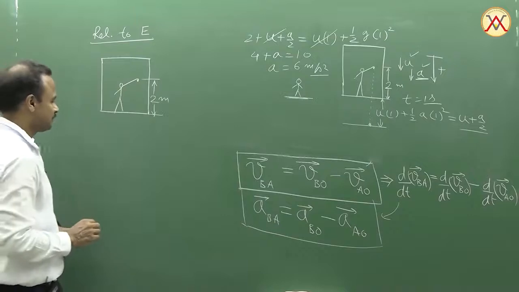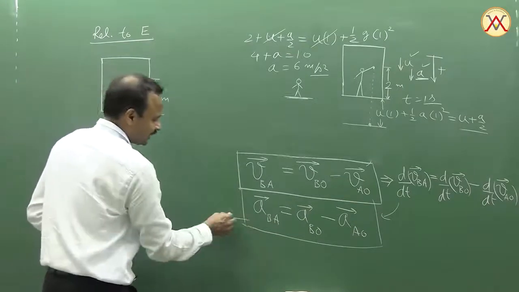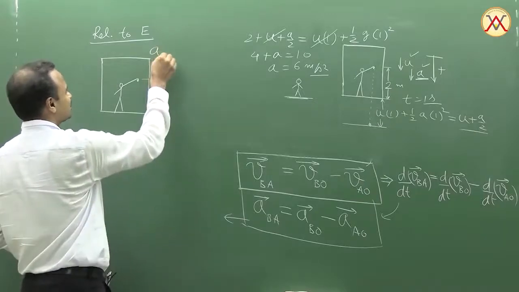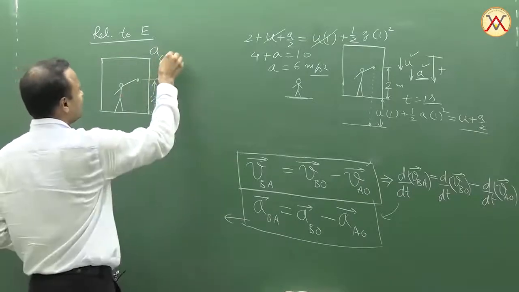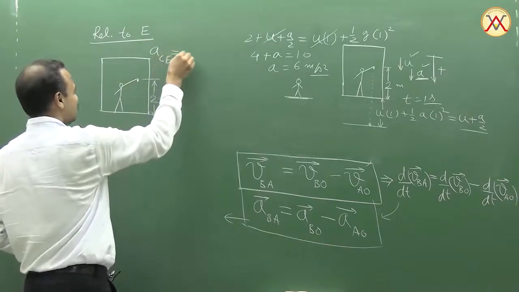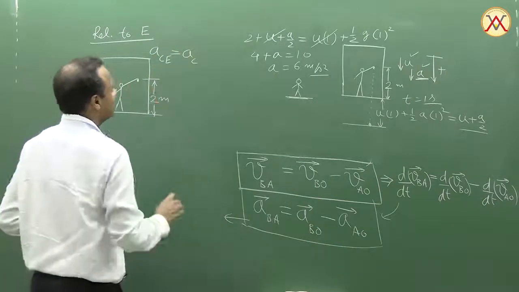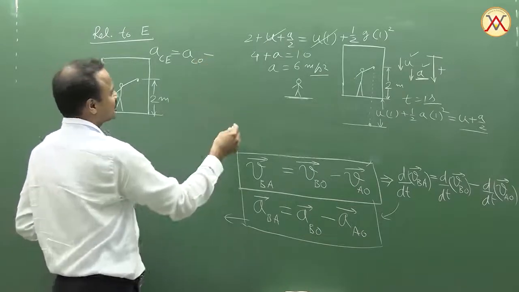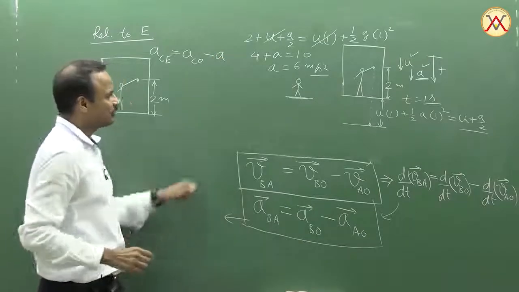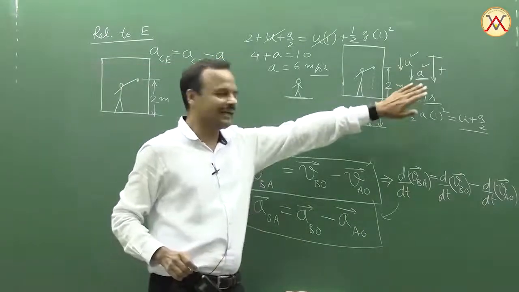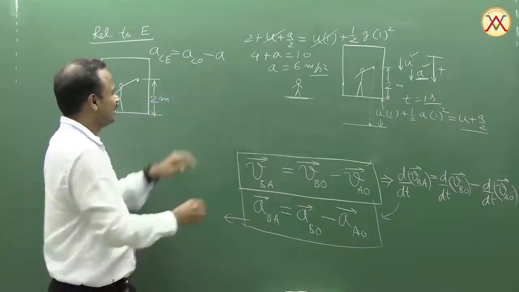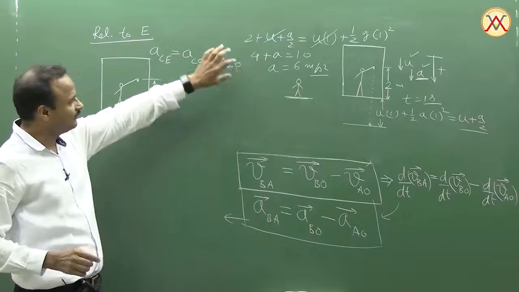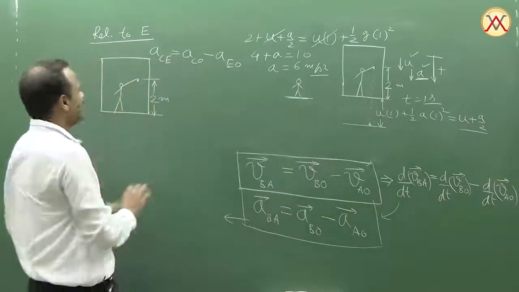What about the acceleration? That we will calculate using this relation which we have derived. We can say that the acceleration of the coin relative to the elevator is equal to the acceleration of the coin relative to the ground observer O minus the acceleration of the elevator relative to the ground observer, which we have already taken as A, our unknown A that we have to find.